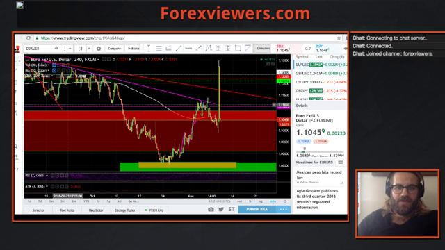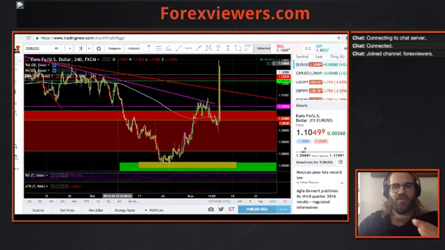What you need to understand is that a pattern is nothing more than support and resistance and structure at work. So structure, support, and resistance. Nothing more, nothing less. I want to use this example here and show you guys how the market is respecting structure, right? And I want to use the euro dollar here on a 4-hour chart.